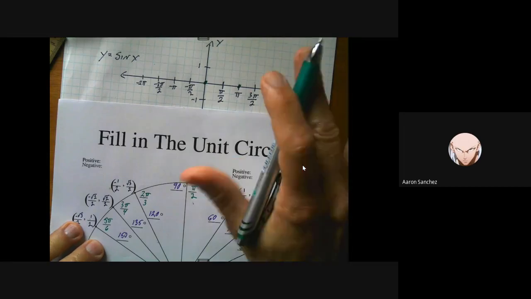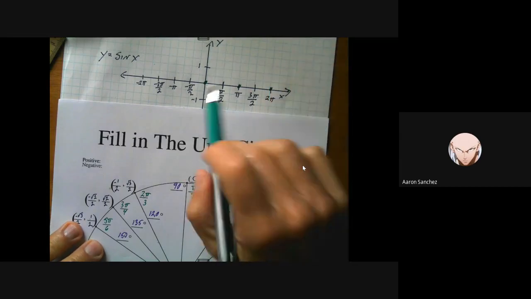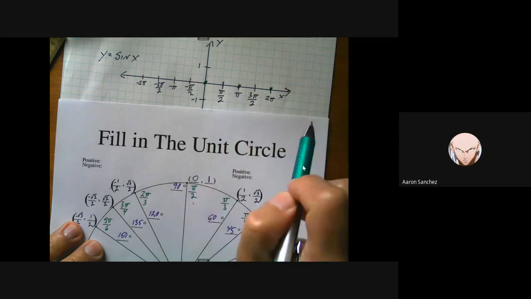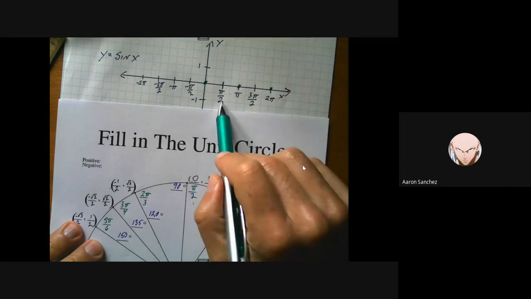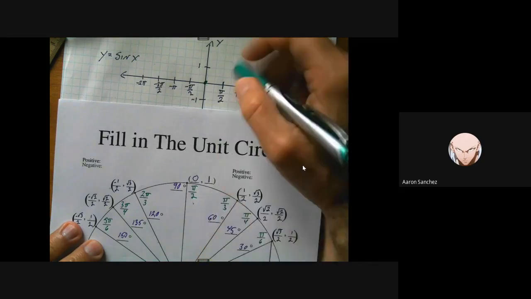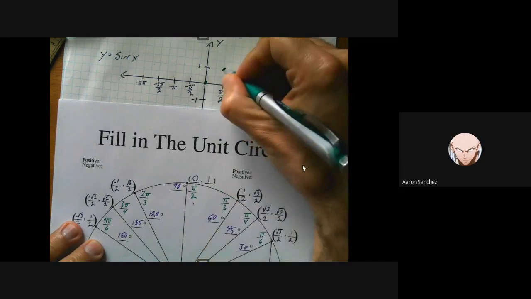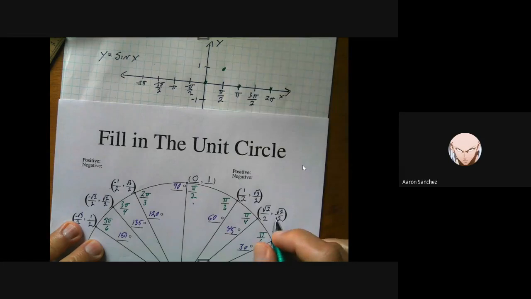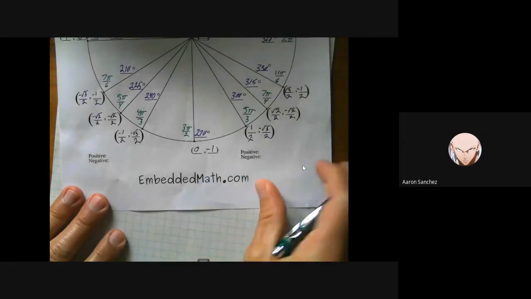There are 5 key points for graphing sine. We graphed 3 of them. Now, what is sine of pi over 2? Sine of pi over 2 is 1. What is sine of 3 pi over 2? I look at my 3 pi over 2, and my y is negative 1.